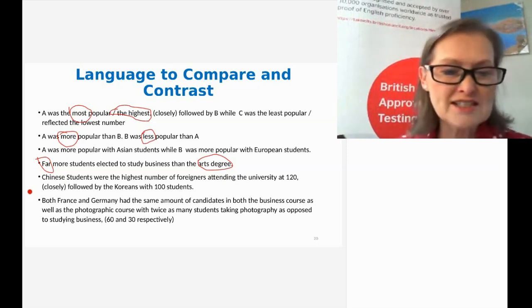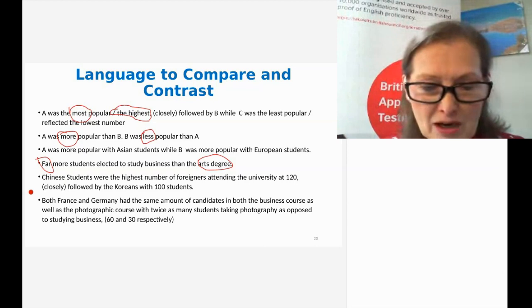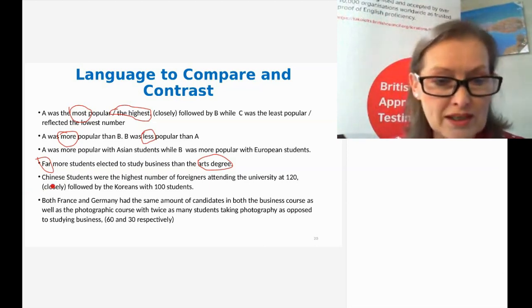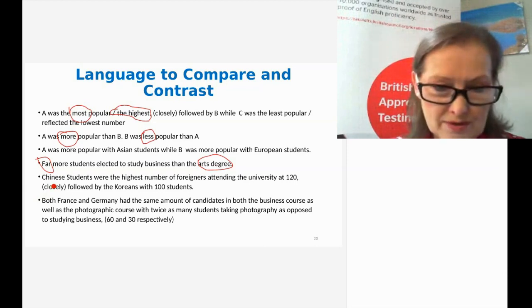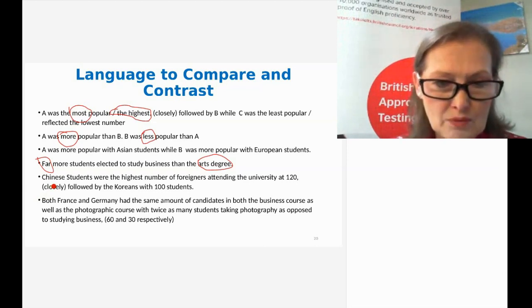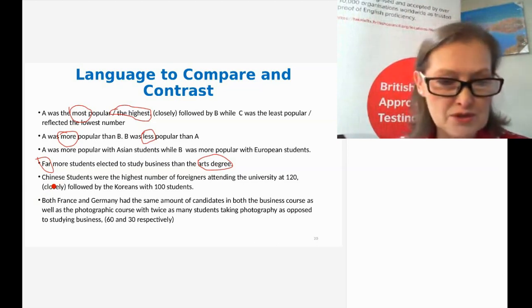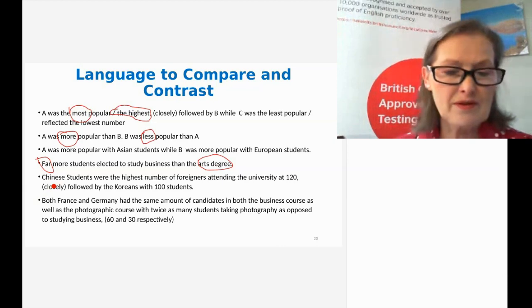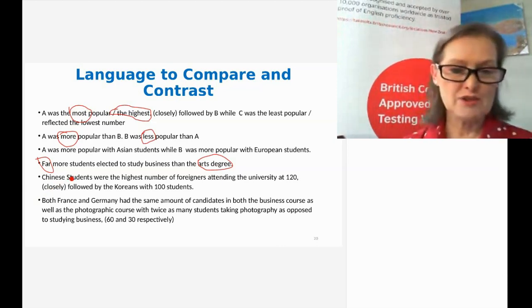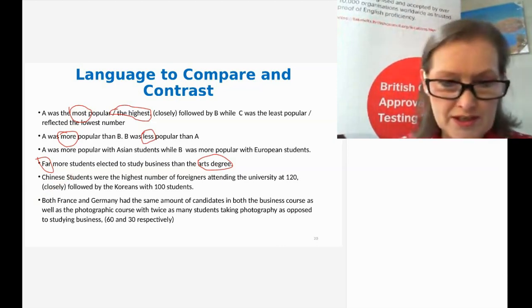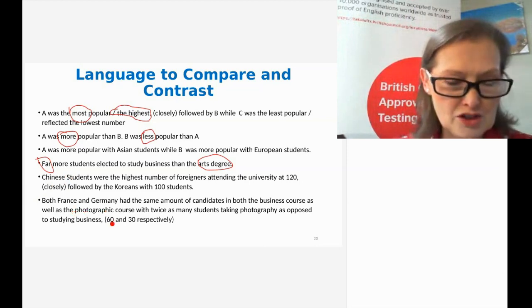Have a look at the last sentence. Both France and Germany had the same amount of candidates in both the business course as well as the photographic course, with twice as many students taking photography as opposed to studying business. It's 60 and 30 students respectively for France and Germany.